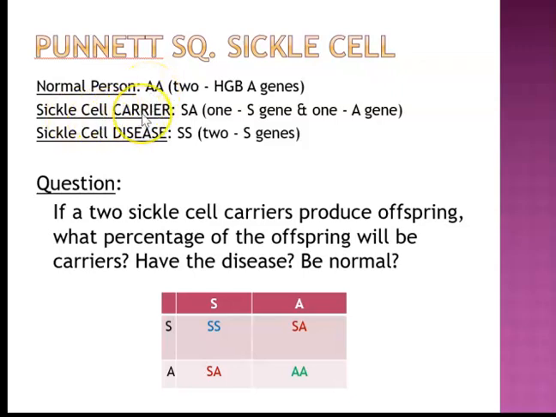A sickle cell carrier's genes will be SA, meaning one gene from one parent was the S gene and one gene from the other parent was the A gene. So that person is just a carrier. They don't have the disease. And then the sickle cell person inherited two S's, meaning they inherited the sickle cell gene from their mother, and again from their father, so they do have the disease.